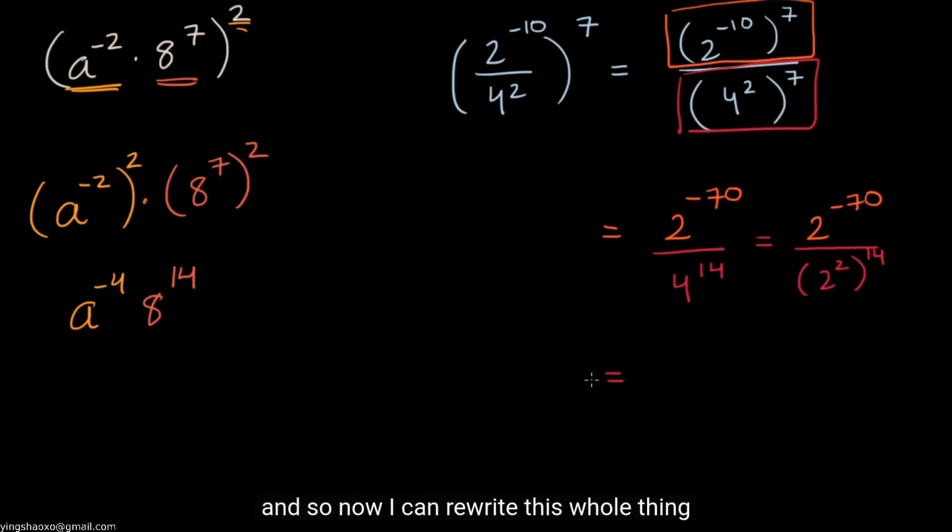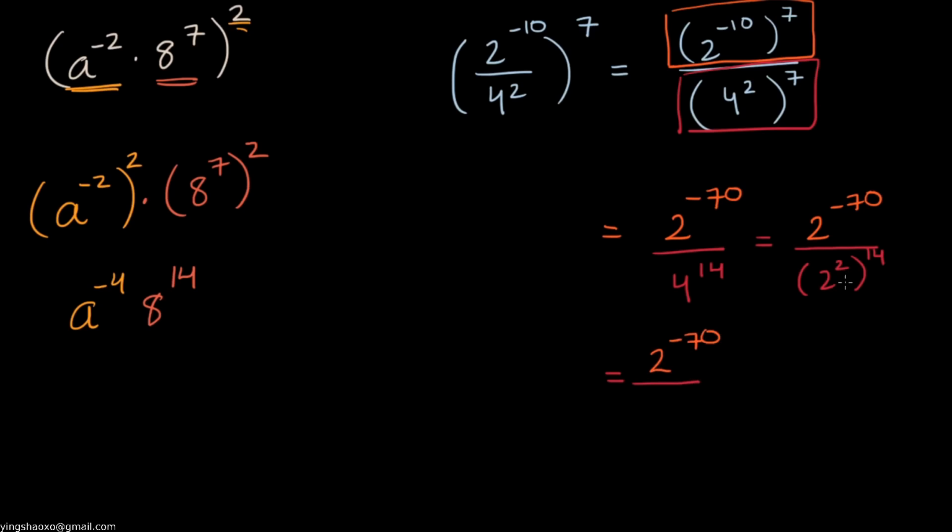And so now I can rewrite this whole thing as 2 to the negative 70th power over, well, 2 to the 2nd, and then that to the 14th. Well, that's 2 to the 28th power. And so can I simplify this even more?